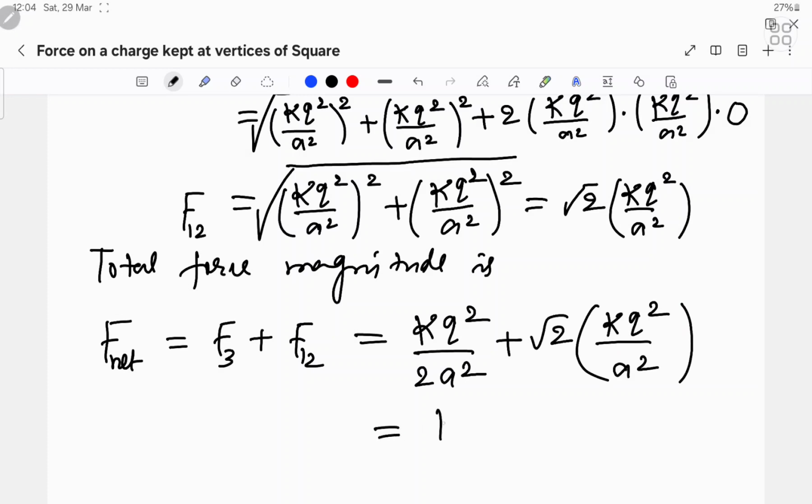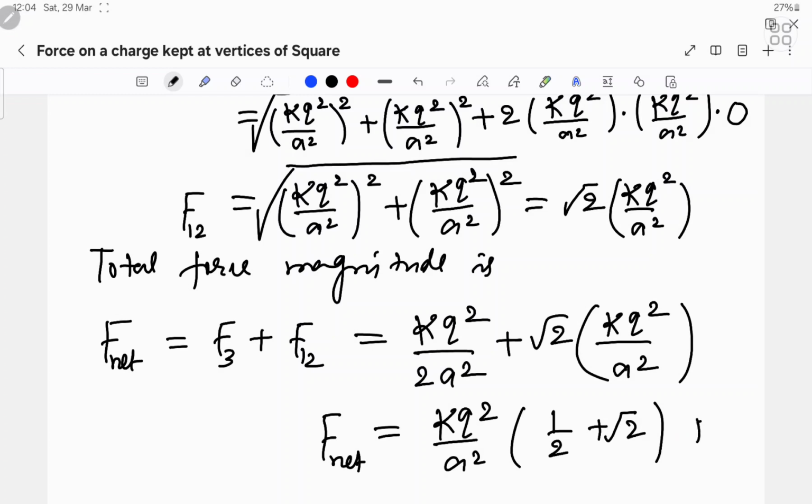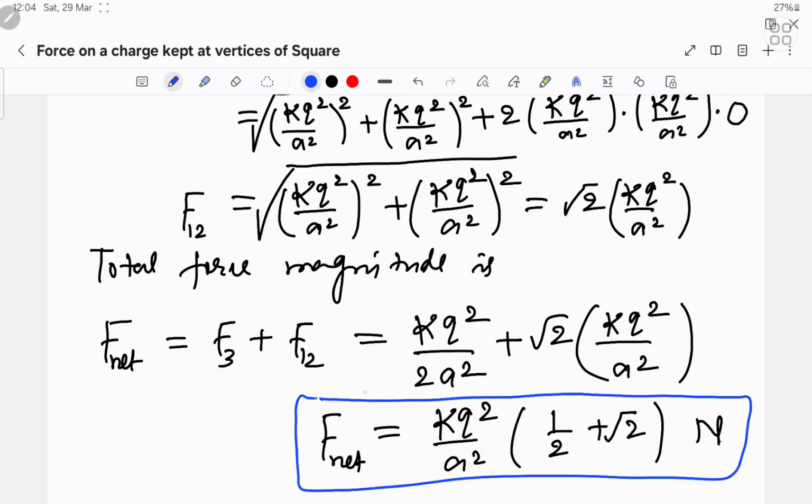Take out the common terms, so it is K Q square upon a square, and under bracket we have 1 by 2 plus root 2. This is F net, in Newton. This is the resultant force which you get. So F net equals K Q square upon a square, under bracket 1 by 2 plus root 2, Newton.